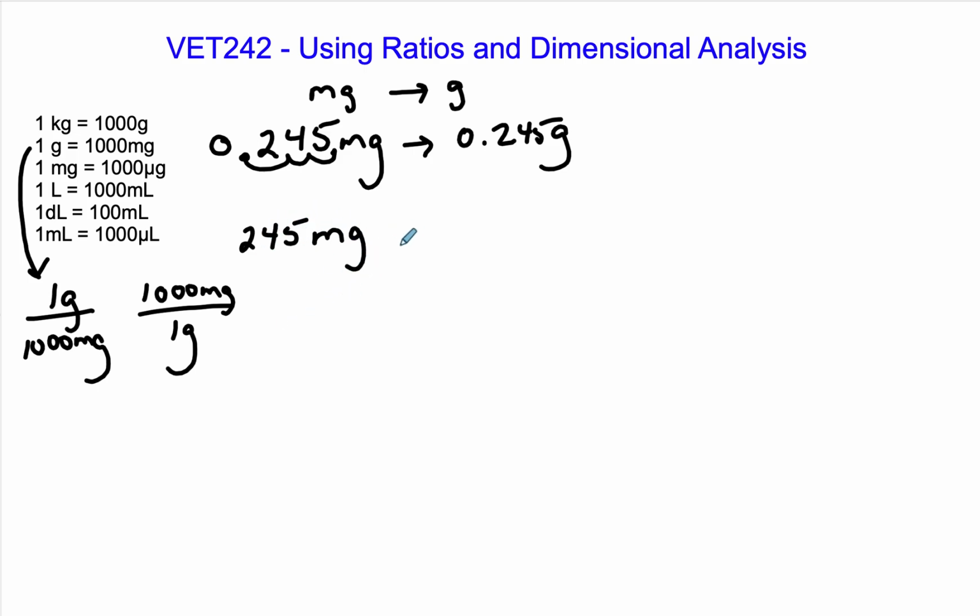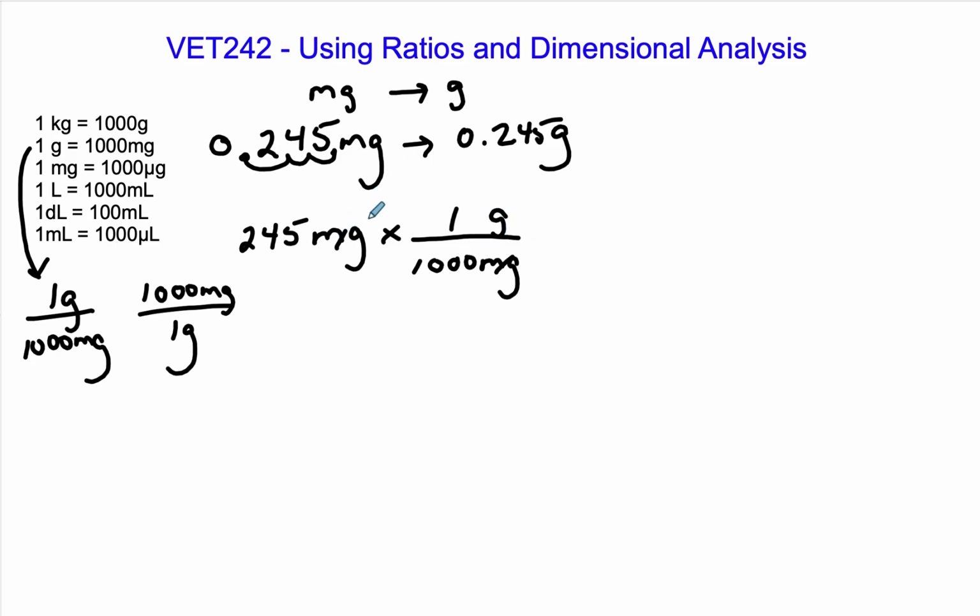So if we're given 245 milligrams, the way that I like to do this is just set up the problem, set up my little ratio line there. I know that I want to get rid of my milligrams, so I'm going to go ahead and just put that on the bottom so I don't get confused. And I know that I want to get grams for my final answer. This way the milligrams are going to cancel out and the grams is going to be what I end up with. And then I just have to go back to my memory and know that there are 1,000 milligrams in every 1 gram.